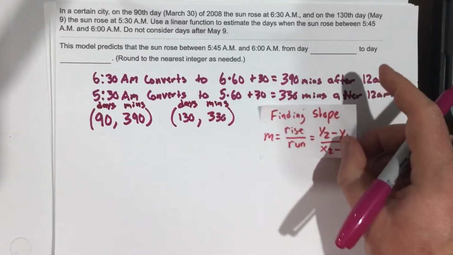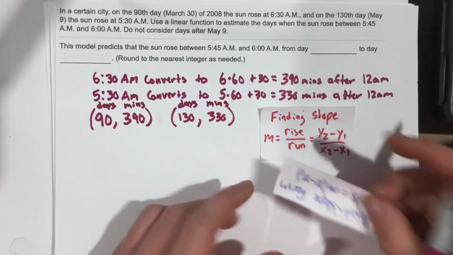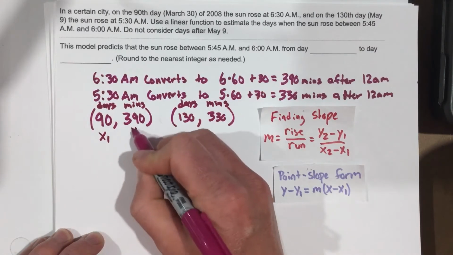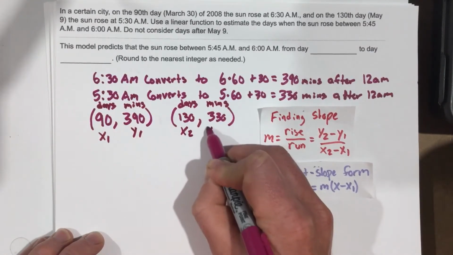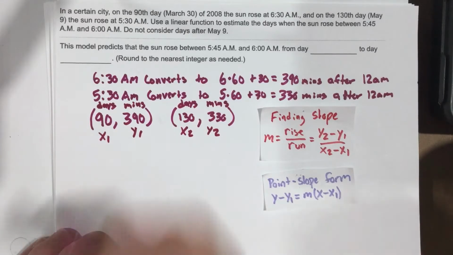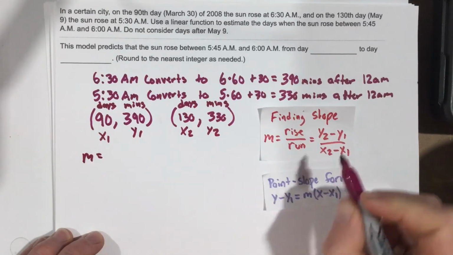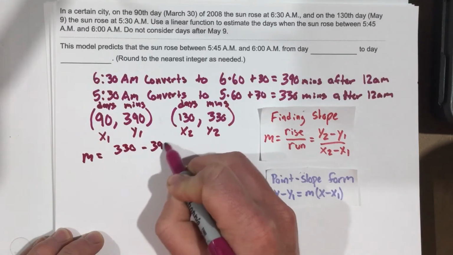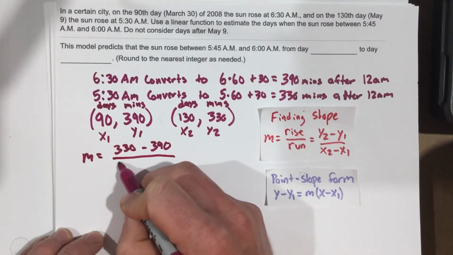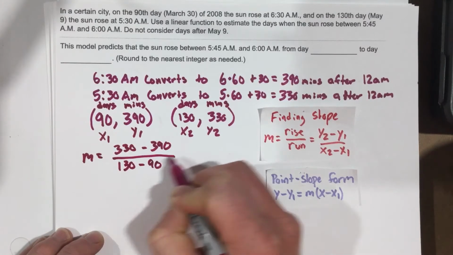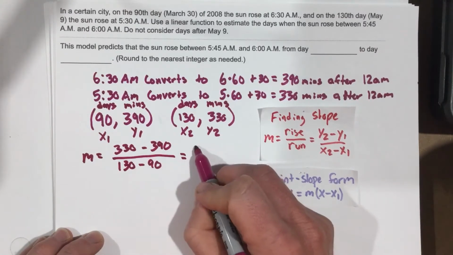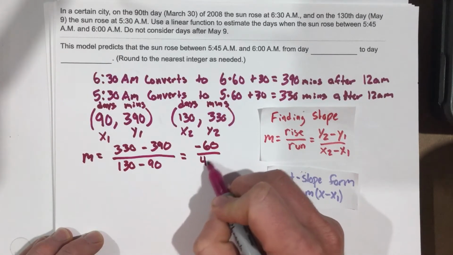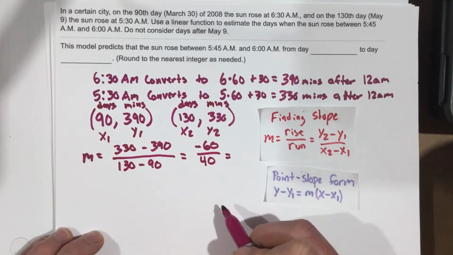So let's pull out our finding slope and point slope formulas, and label x1, y1, x2, y2. m equals y2, which is 330, minus 390 over 130 minus 90, which gives negative 60 over 40.